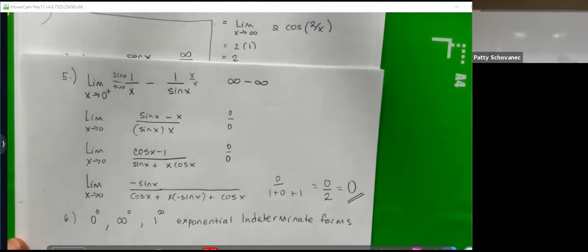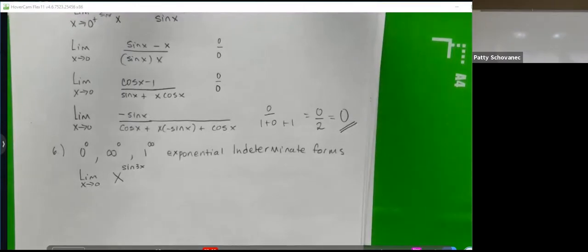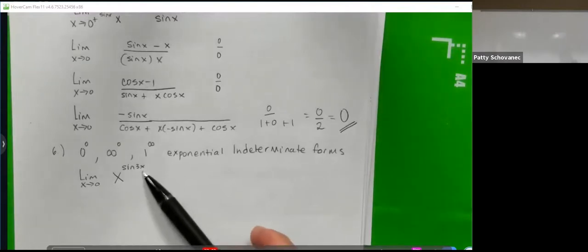Do you remember all the steps to that? Suppose I have x raised to the sine of 3x, and I'm going to let x go to 0. So the base goes to 0, sine of 0 is 0.